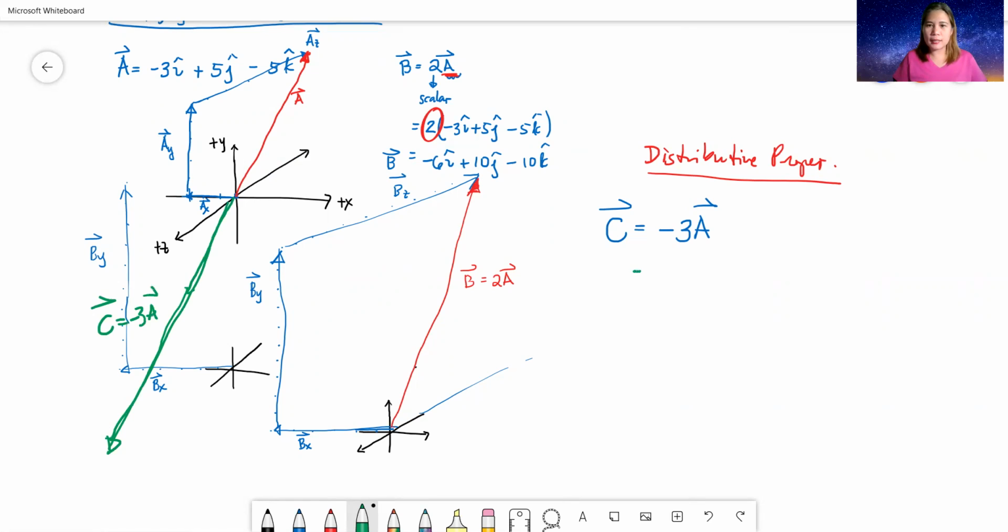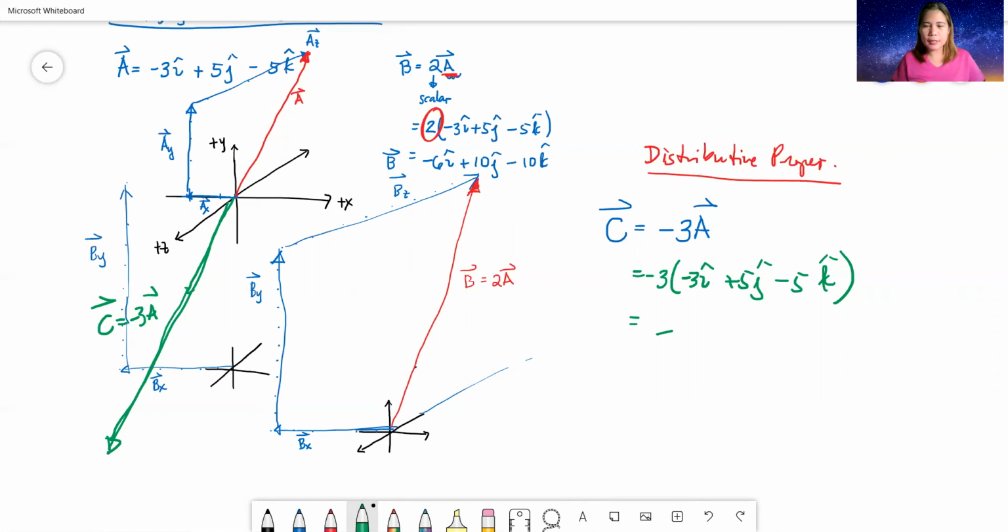So if we check, let's plug in the values of A: negative 3 times negative 3I hat plus 5J hat minus 5K hat. So use the distributive property. Is this right?